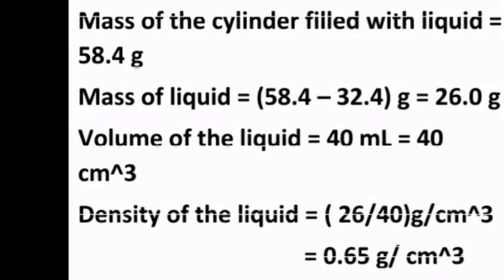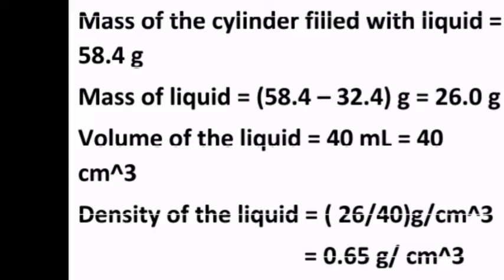Now the mass of the cylinder when it is filled with liquid equals 58.4 grams. So what will be the mass of the liquid? As we know, the mass of the liquid-filled cylinder is 58.4 gram and the mass of the empty cylinder is 32.4 gram. Then we have to subtract 32.4 gram from 58.4 gram and the answer is 26 grams.